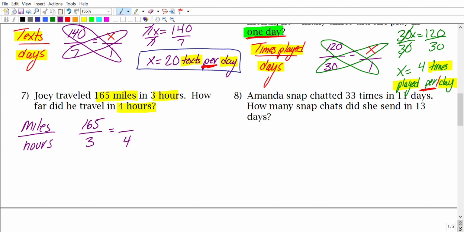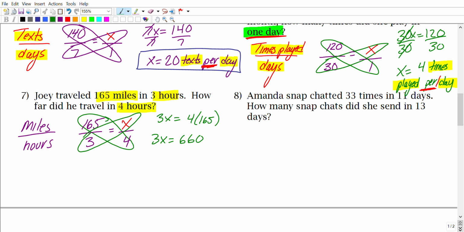Okay, so we actually have to go ahead and figure out what our miles would have been. Okay, so let's go ahead and move on to cross multiplying these two. Okay, so I get 3x equals, let's see, 165 times 4. So you're going to set this up like this. Or 4 times 165. Let's figure out what that is. So 165 times 4 is 660.